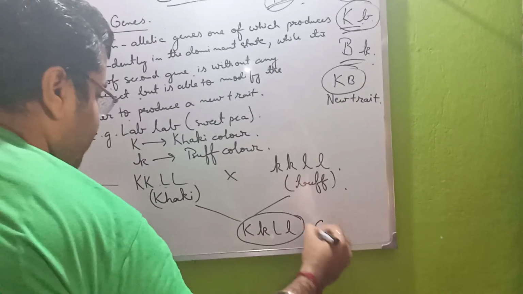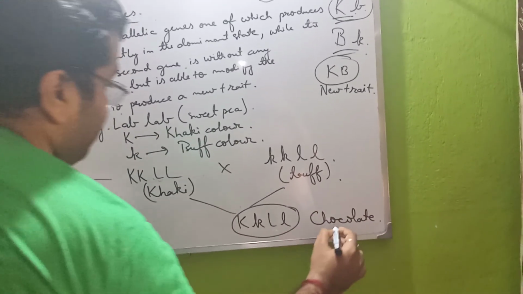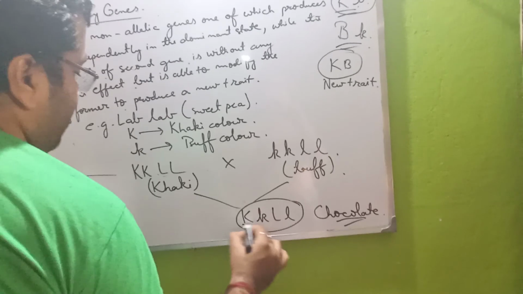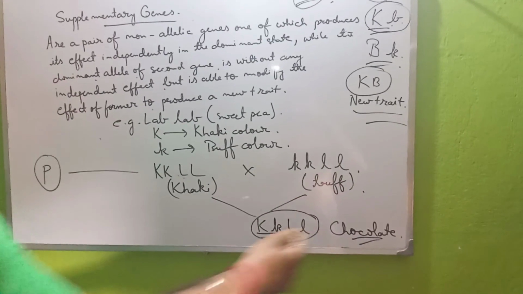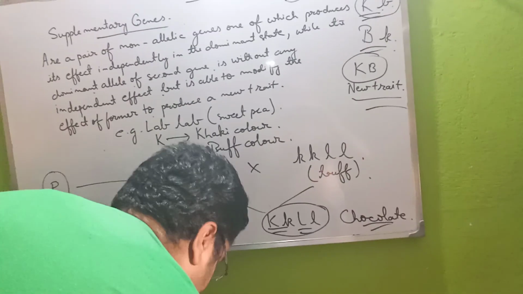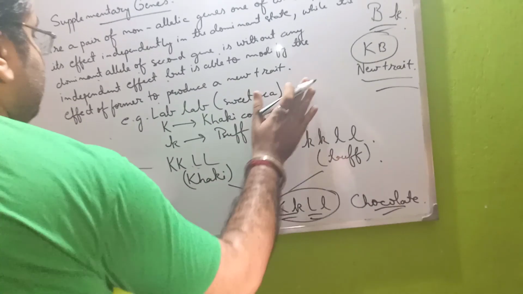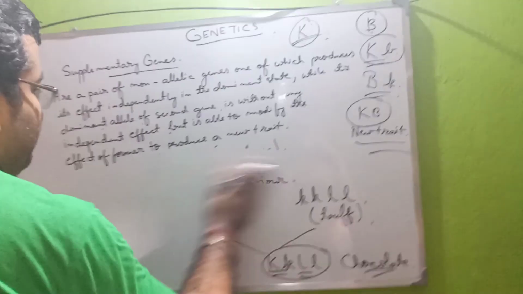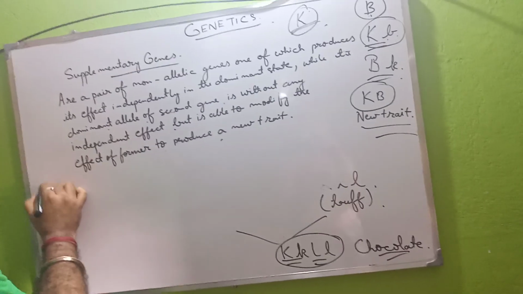This color will be a chocolate color. Now this is the new trait. See, in this gene both the K and both the L are present together, and therefore it gives a new trait, and I have given this new trait the chocolate color. So now see what will be in the second generation, that is the F2 generation, how it will be forming.